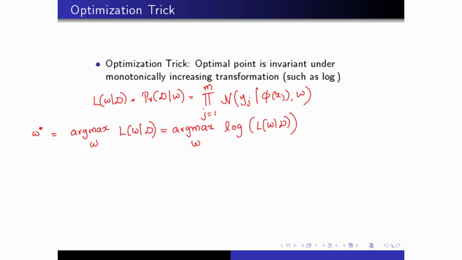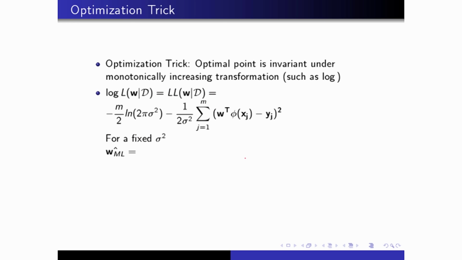So this is a trick. How this is the case will be a homework problem, a quiz problem that you need to solve. So this particular form called the log of likelihood is also denoted by LL, log likelihood.